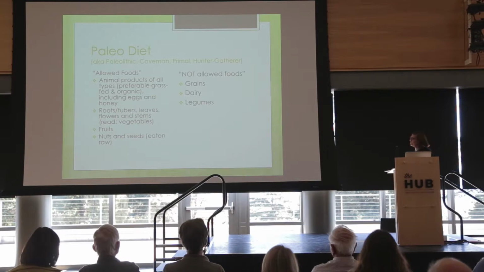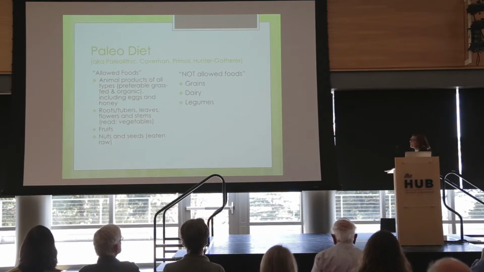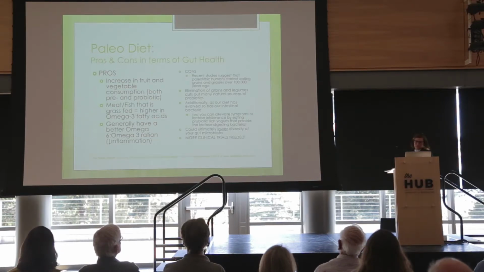So vegetables are allowed. Fruits, nuts, and seeds, eaten raw, so very minimally processed foods. What it does not allow is what is commonly thought that our ancestors didn't have access to, and that's grains, dairy products, and legumes.